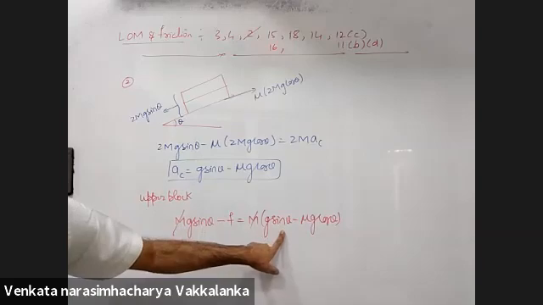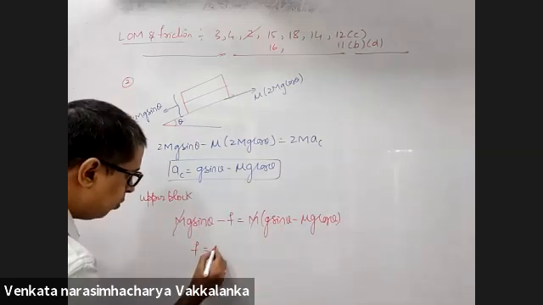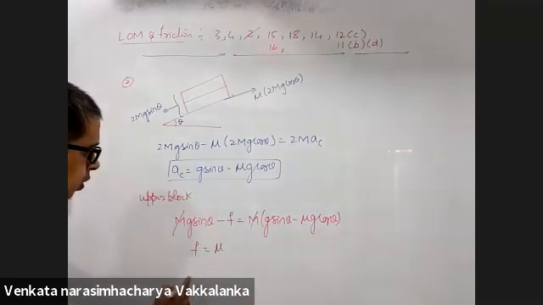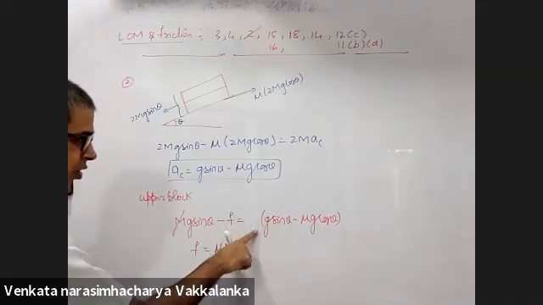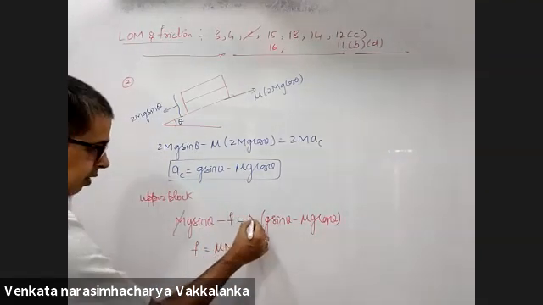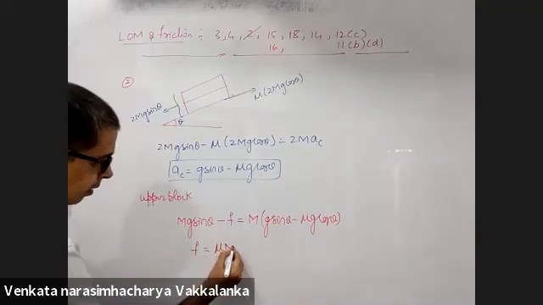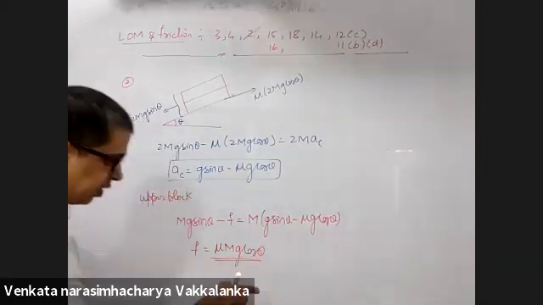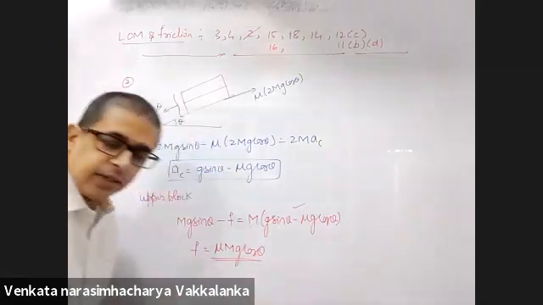Did I go right here? Yes, sir. Friction will turn out to be mu mg cos theta. Cancelling out m is not possible here because friction is there. This mu mg cos theta is the value of friction required for both to go with common acceleration.